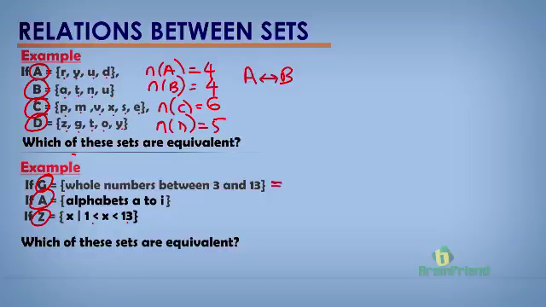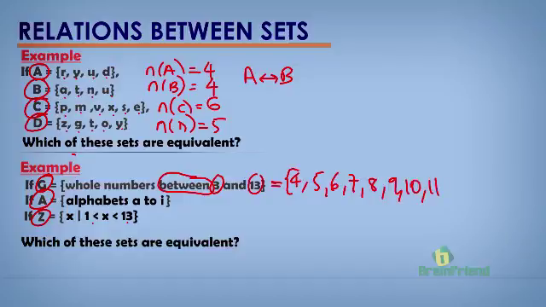The set G has the set of elements that are whole numbers between 3 and 13. The word between tells us that the range of our numbers would not have 3 and 13 as its boundaries. So we would have our list as 4, 5, 6, 7, 8, 9, 10, 11, and 12.